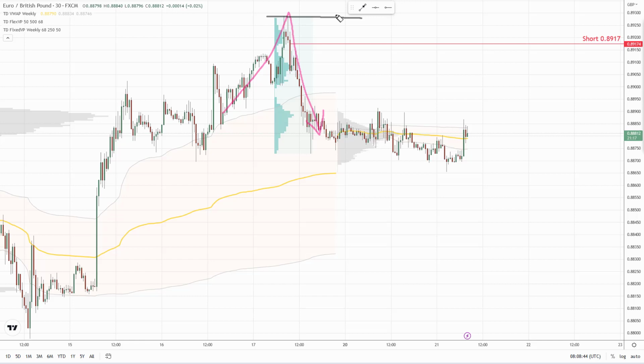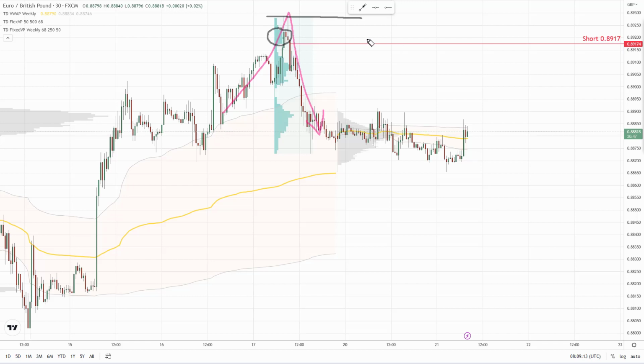But for me, this is not the most important place. For me, the most important place is the volume cluster, where the majority of trading took place before the price actually turned. So this is the most important zone for me, this volume cluster, right?